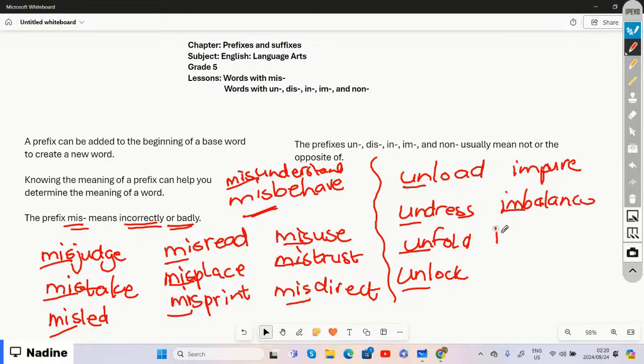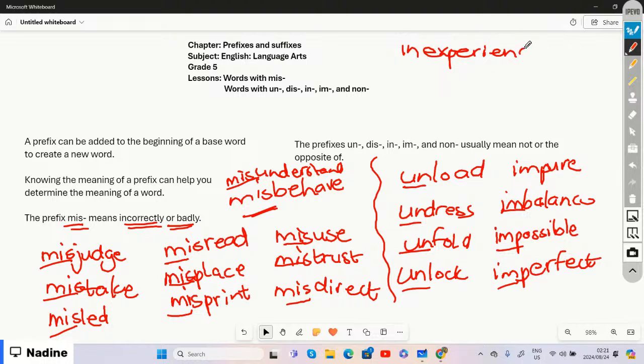And we have impossible, even imperfect, meaning you are not perfect. And then we also use the prefix in. We have inexperience, meaning that you're not experienced.